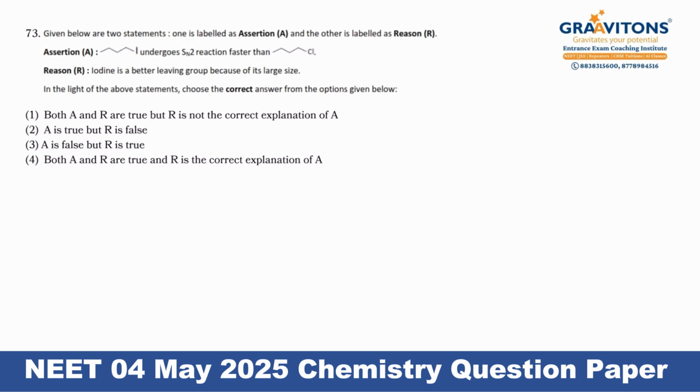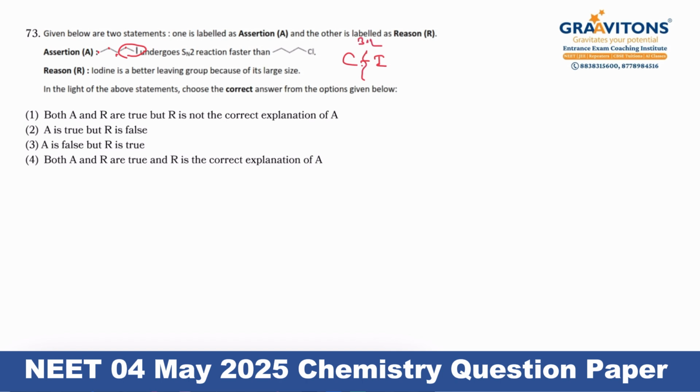73rd question. Given below are two statements. Assertion A: butyl iodide undergoes SN2 reaction faster than butyl chloride, and the reason is that iodine is a better leaving group because of its larger size. So if you check here, children, iodine, we all know it is a better leaving group because the C-I bond is very weak and easy to break because it has a greater bond length.